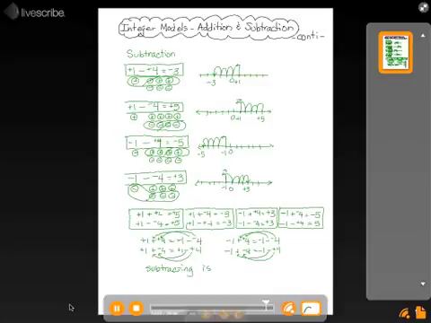So subtracting is the same as adding the opposite. So turn those subtraction signs into addition, and you will only have to know how to do one operation. And that is all there is to it.